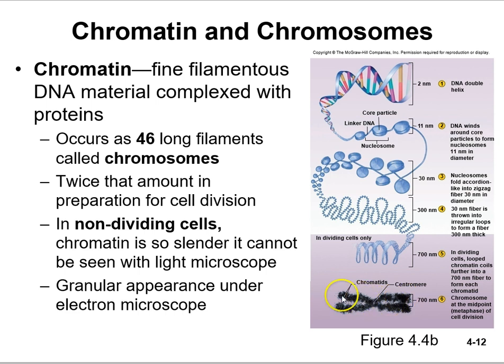The one side here has one chromosome, and then it's attached to what's called its sister chromatid right here. So this is a doubled chromosome. That chromosome is ready to go through cell division, and it can be pulled apart, and then the cell can divide, and then each daughter cell will have a copy of each gene.